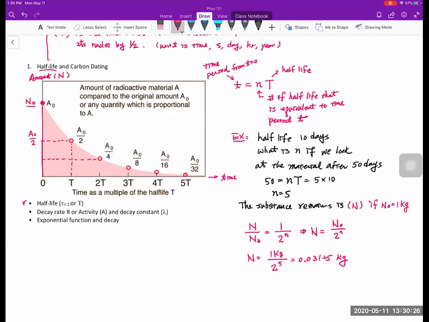What is the decay rate? The decay rate means how fast this amount is reduced, how fast it decreases. If you look at a graph of a radioactive material, would the amount decrease at the same rate? Let me write down the decay rate first.